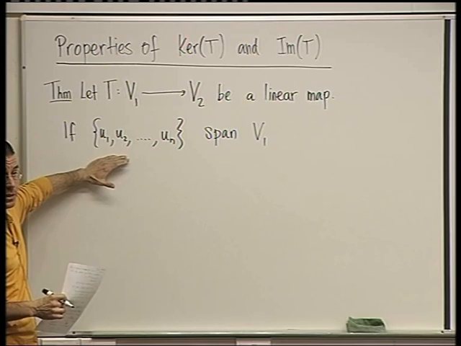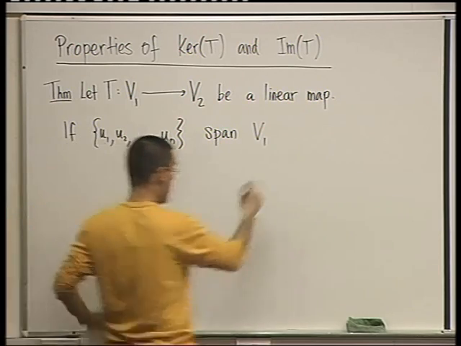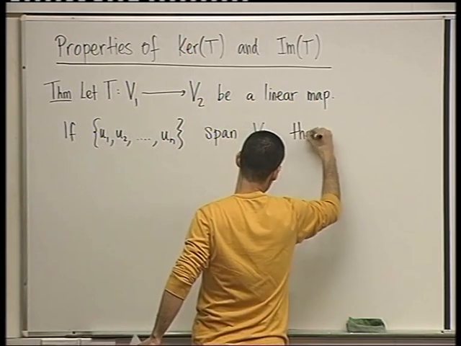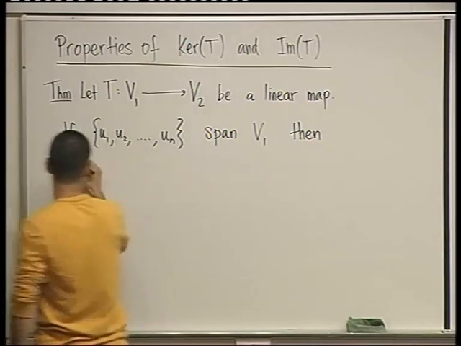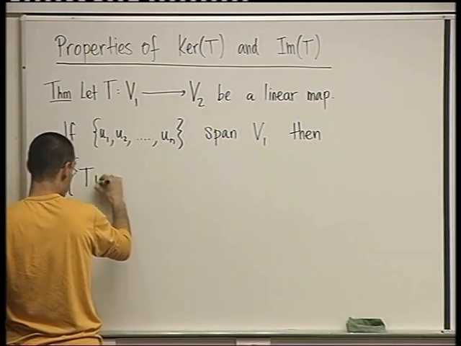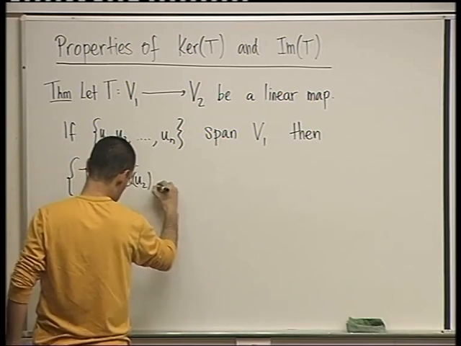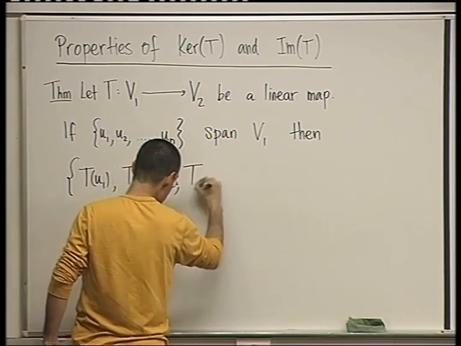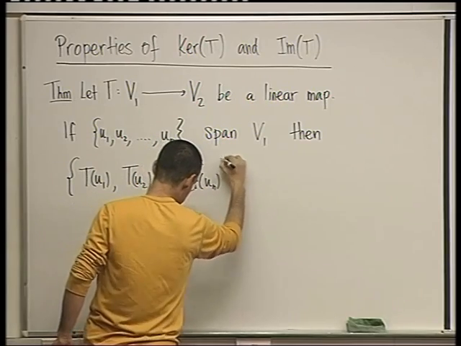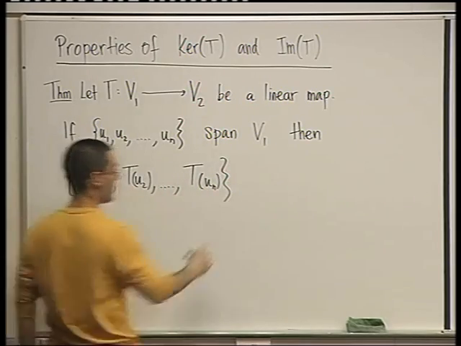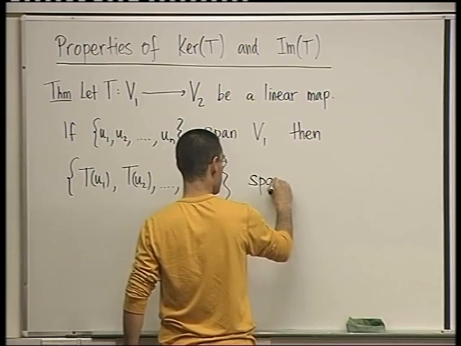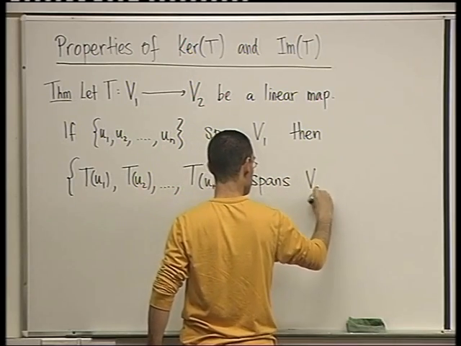That's a spanning set, right? Then the set T of u1, T of u2, up to T of un spans V2.